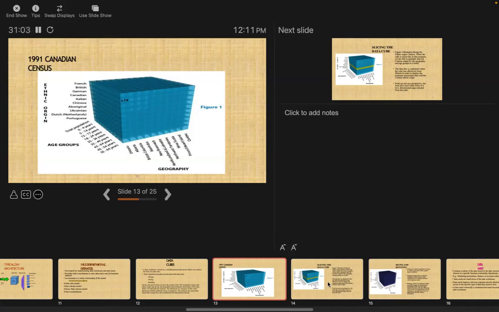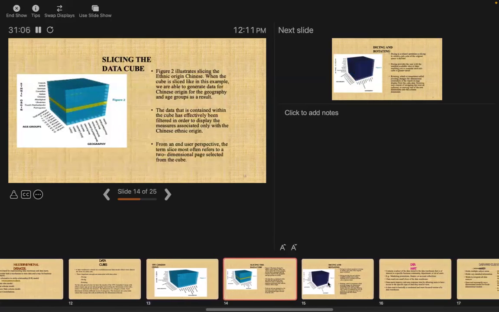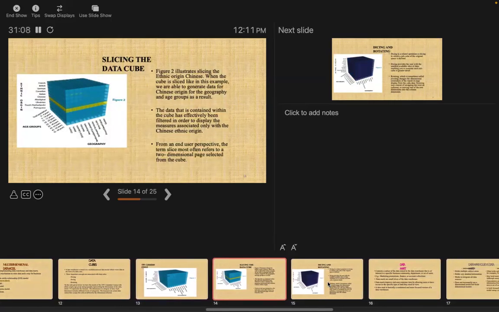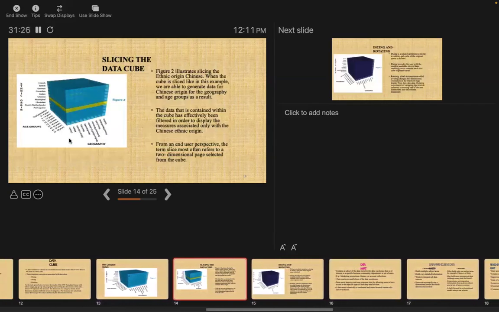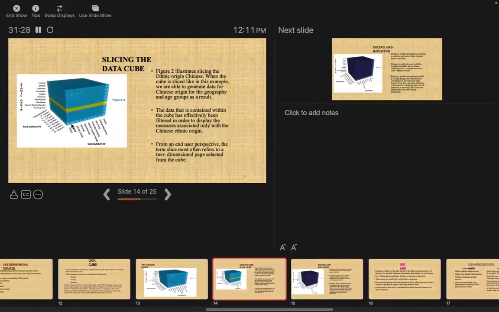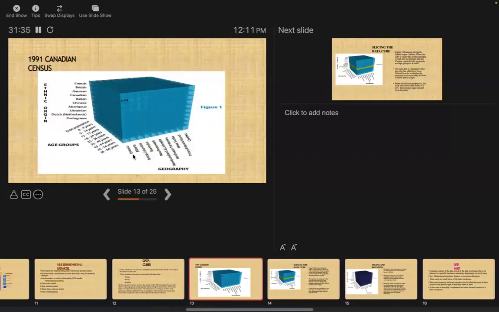Now, slicing operations. Slicing means, as I just told you, we take one cube and find out what is there. Like here, if you can see my mouse cursor, let me take this one, this is more clear.